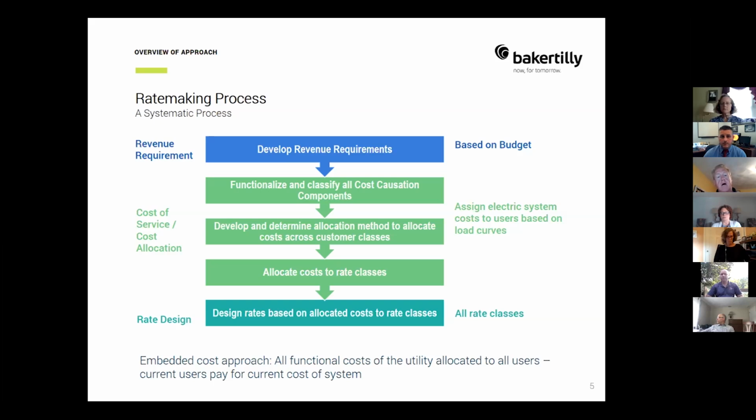Now, there's a difference between the cost of service and cost allocation and rate design, because the rate design is designing the customer rates, but every utility has decades and decades of embedded rate history and how they built their rates, what kind of customer classes they have, and so on. And those rates may not necessarily reflect the cost of service to those customer classes.